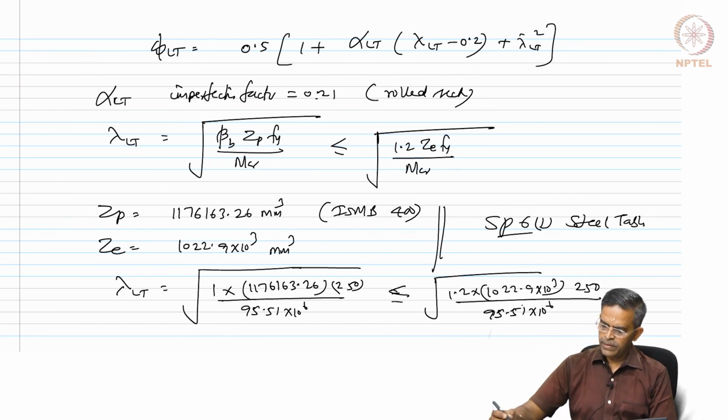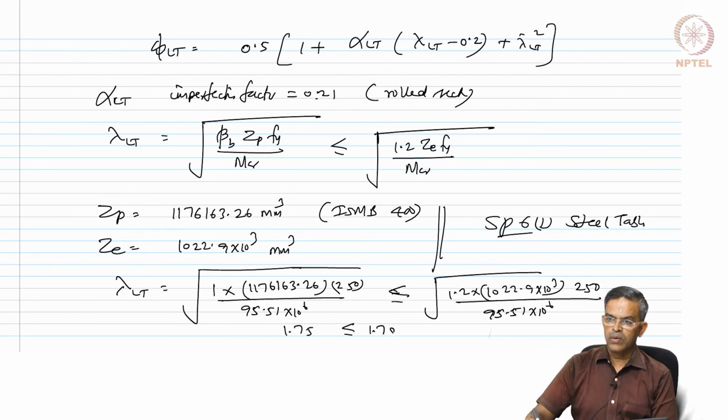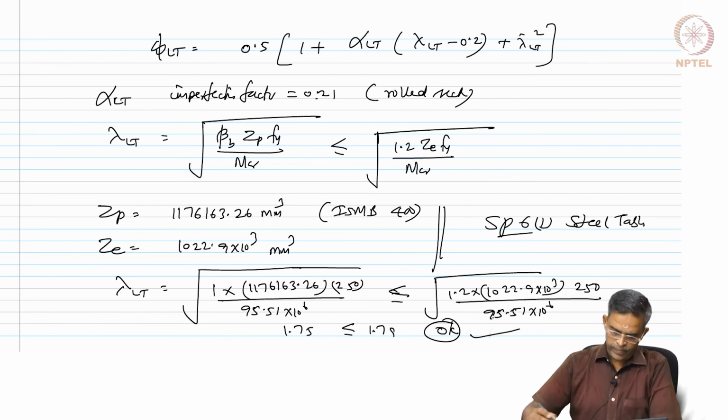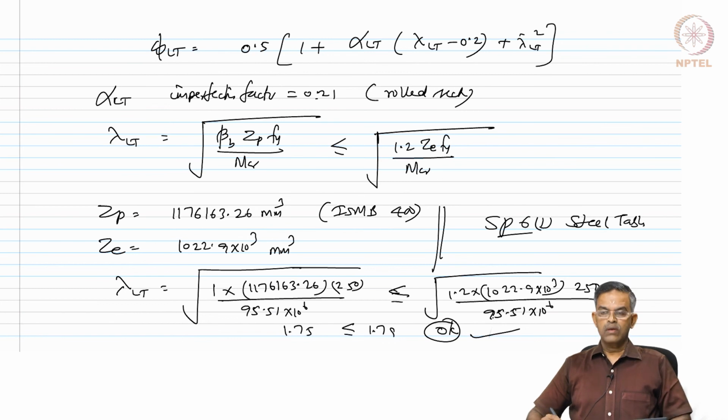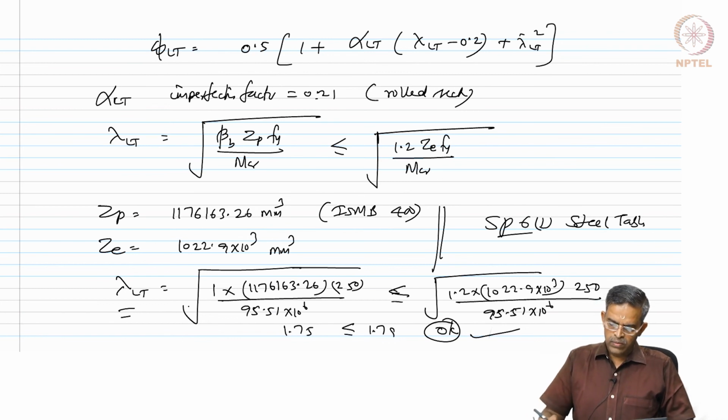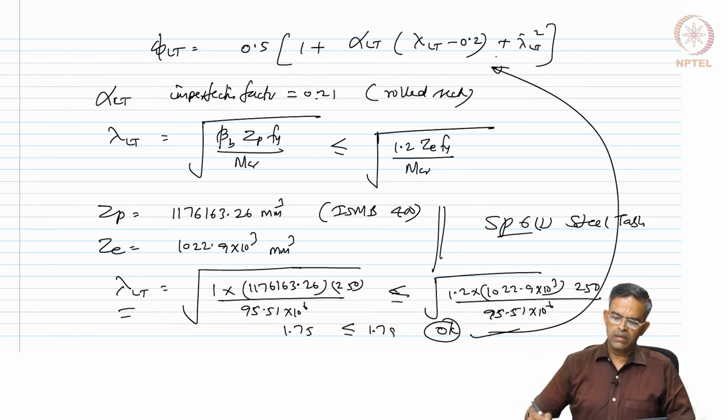So, now we get this value as 1.75, less than or equal to 1.79. So, it is okay. Once I have this value, I can substitute back in phi LT and chi LT.